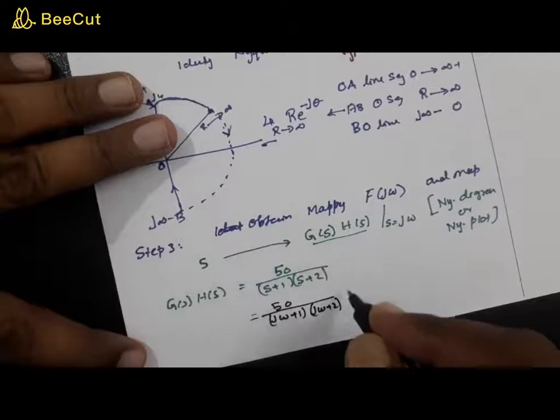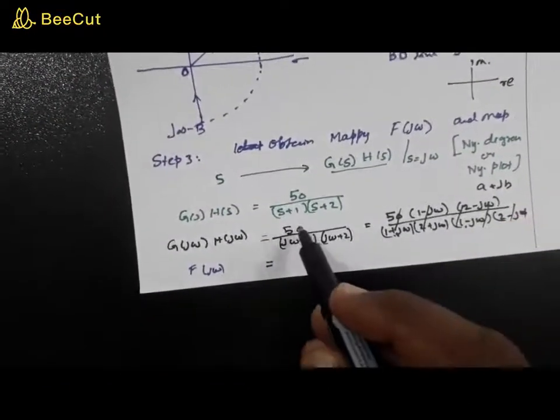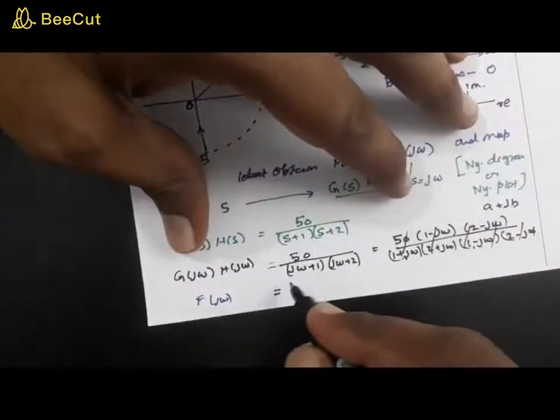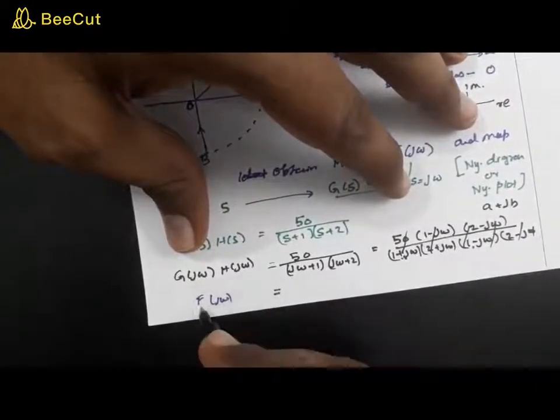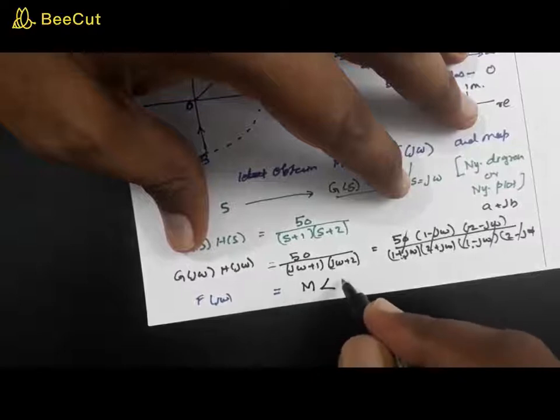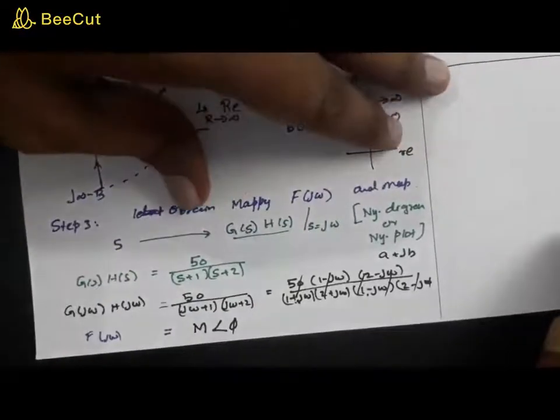Now what is the next step? You need to convert this f of omega, which is g of j omega, h of j omega, into the form of magnitude angle phi.